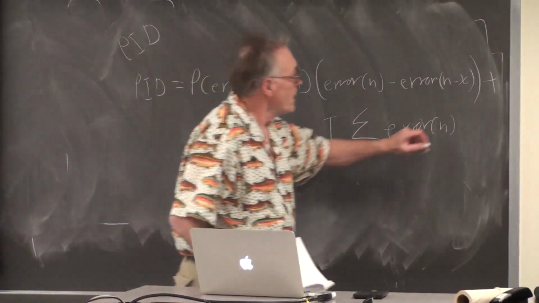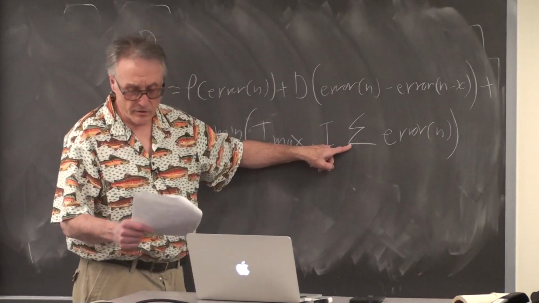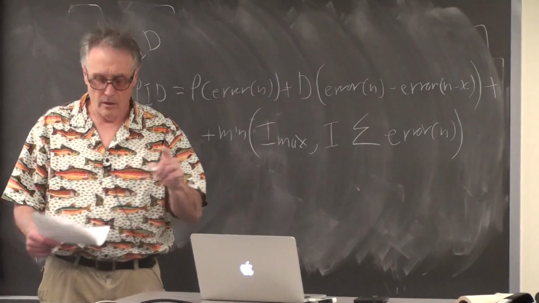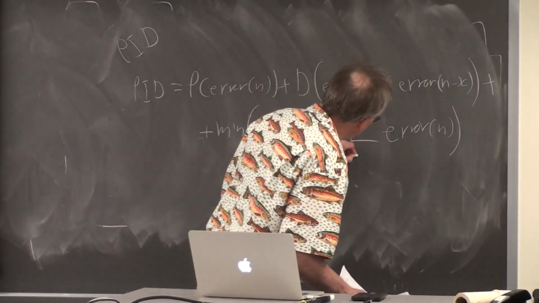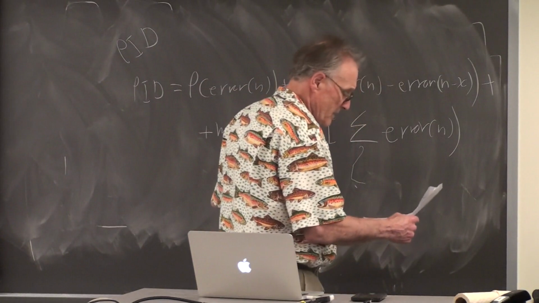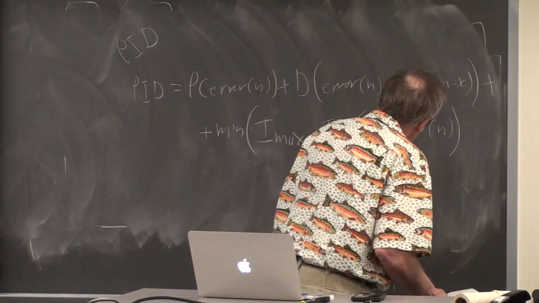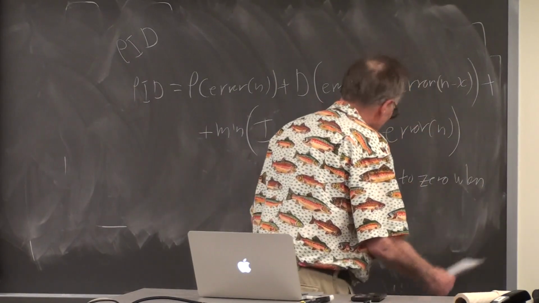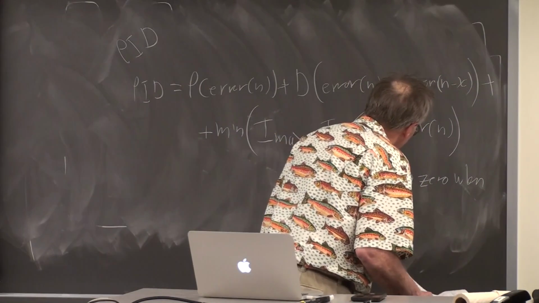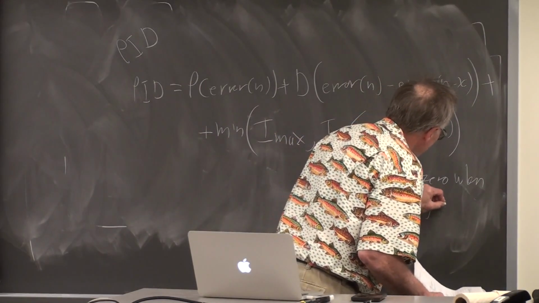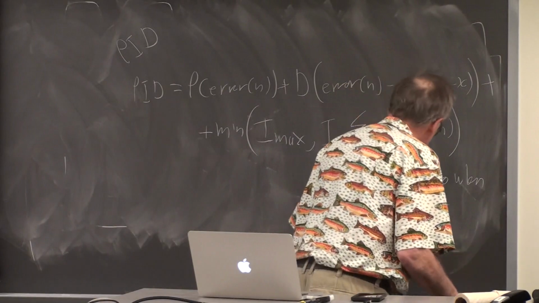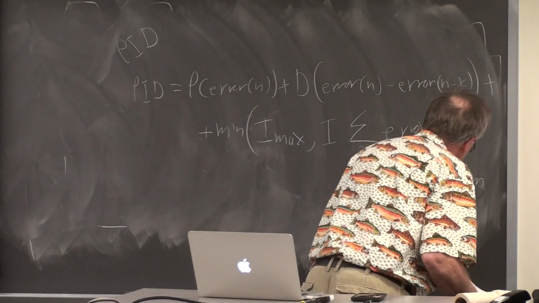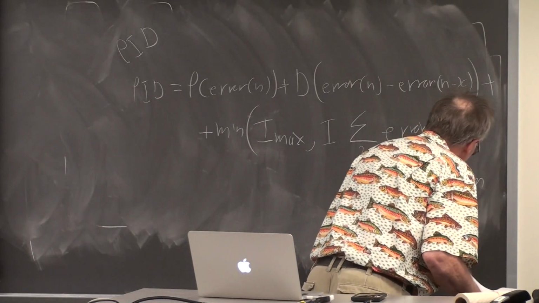So the range of integration is going to be from the last zero crossing of the sign of the error. So the bottom boundary here is set to 0 when the sign of the error is not equal to the sign of the error at n minus 1.